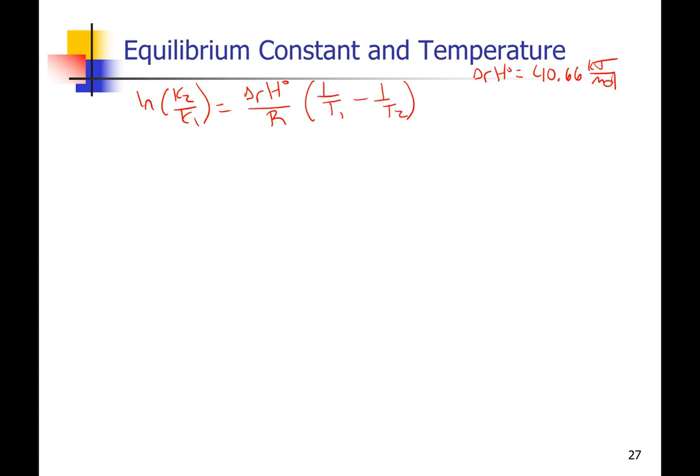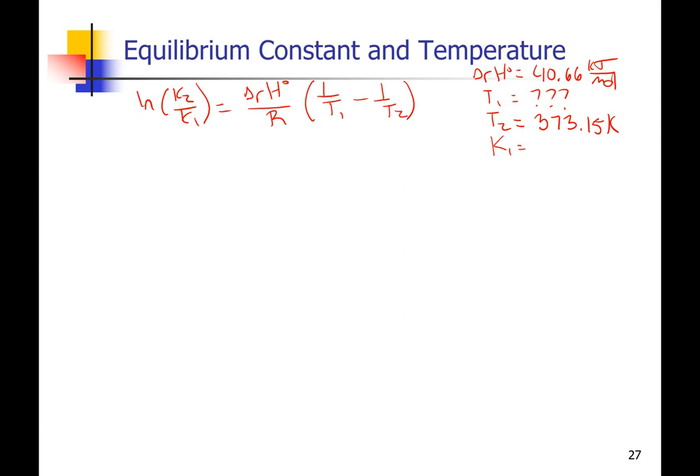That was at the bottom of the previous slide, data given to us. We've established that T1 is what we're solving for. T2 is 373.15 Kelvin, the normal boiling point of water.